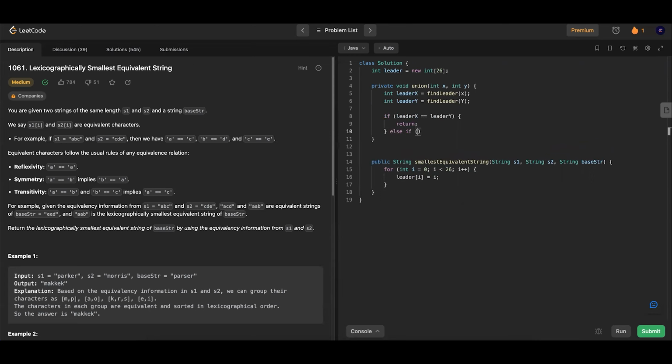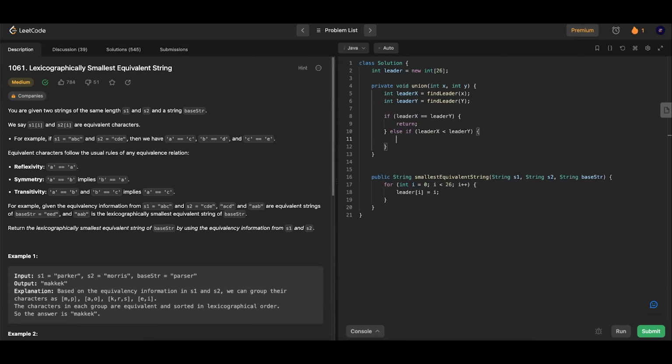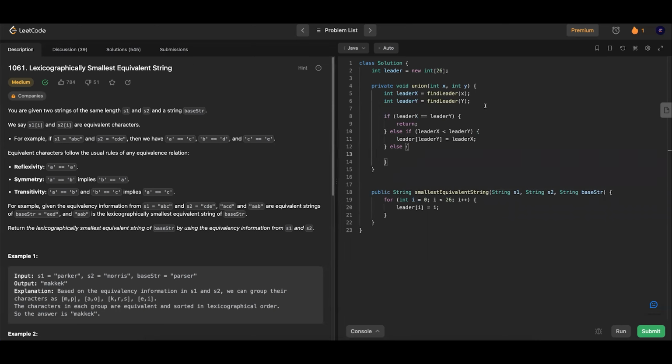Else, if leader of x is less than leader of y, in that case, we make x's leader the leader of y as well. So leader of y will become leader of x. In this way, we make the smallest the leader. Else, if y is greater, then we make y the leader of the x component. So leader of x will become leader of y. So this is the union operation.